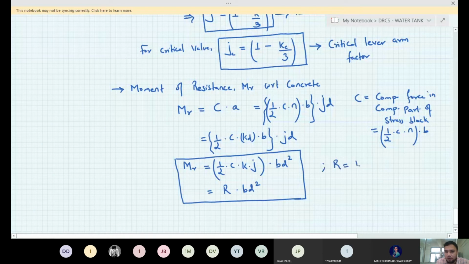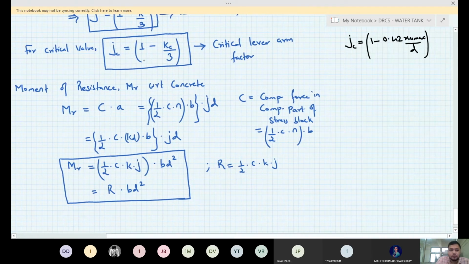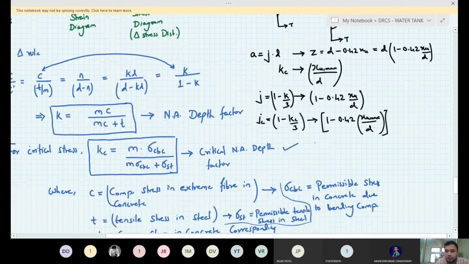Here R is nothing but 1 by 2 into c, that is the compressive stress, into K times J. Now in limit state philosophy, you have used the term Mu, which is analogous to MR. So MR is analogous to Mu, and MRC is analogous to Mu lim in the limit state philosophy.